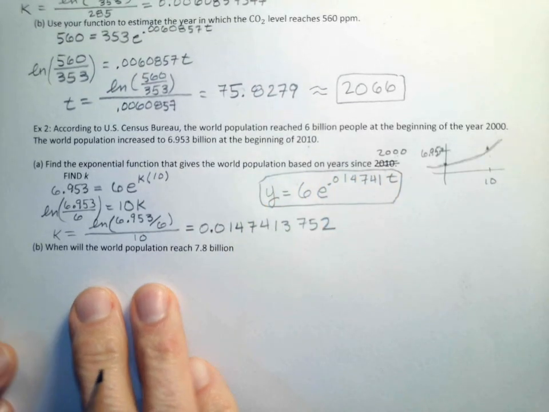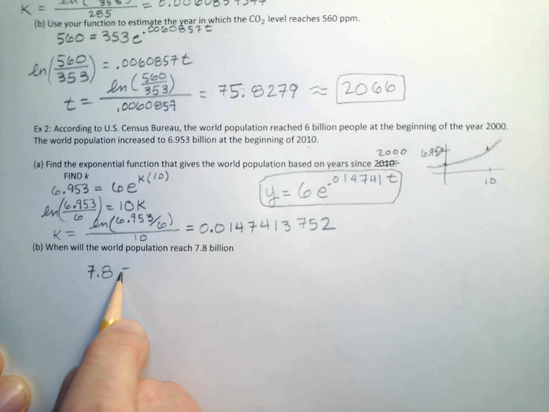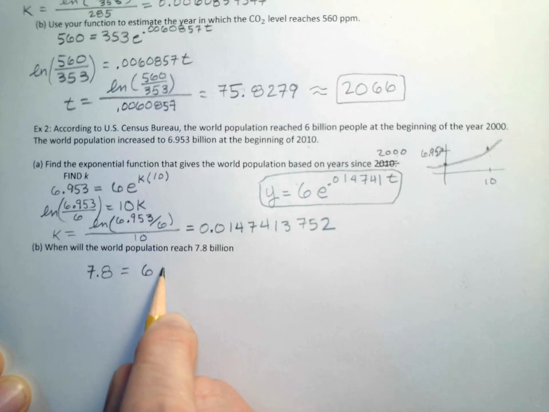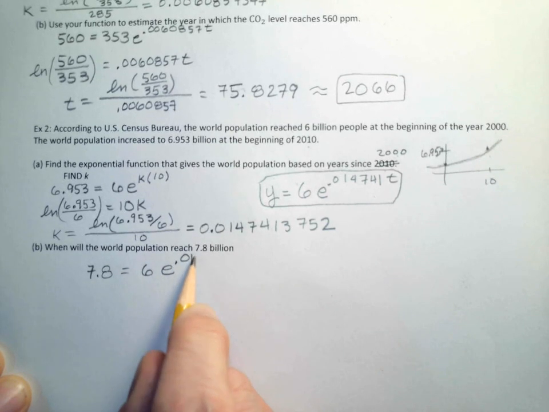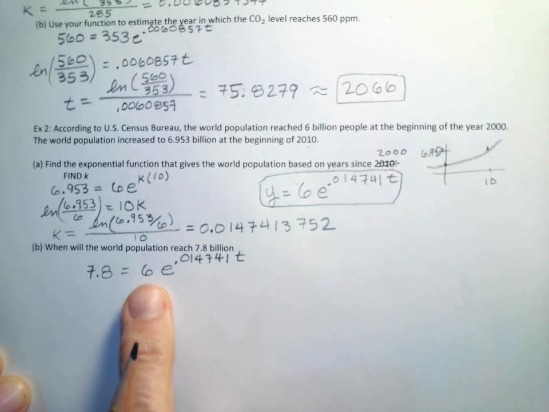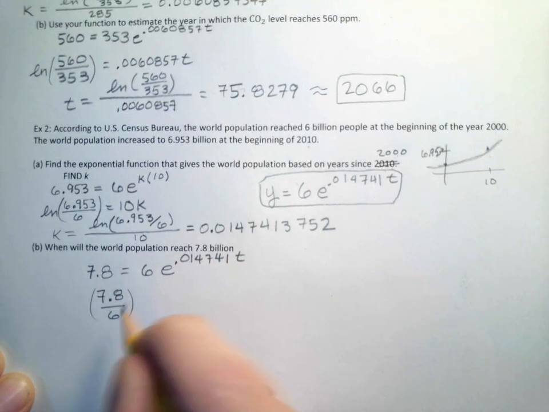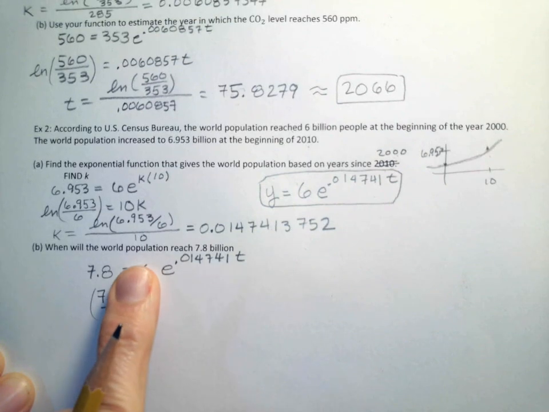And then now let's use that to find when the world population will reach 7.8 billion. All right, so divide both sides by 6. We get 7.8 divided by 6. Again, I'm not going to use my calculator yet for that. I'm moving the 6 over.